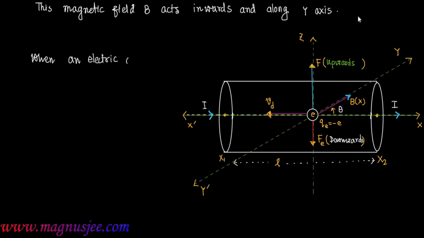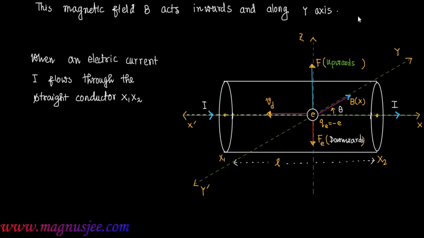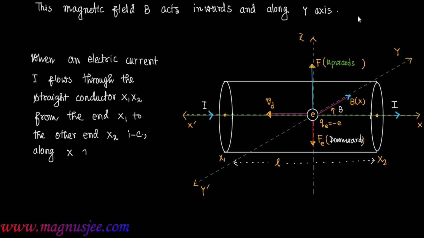When an electric current I flows through the straight conductor X1, X2 from the end X1 to the other end X2 of the conductor, that means the current flows through the conductor along positive x-axis.